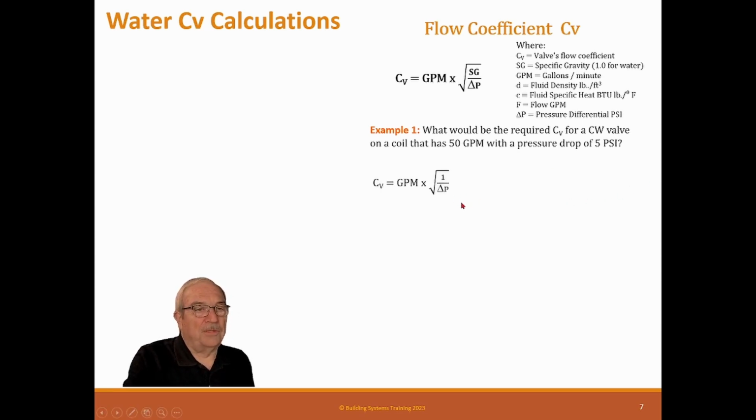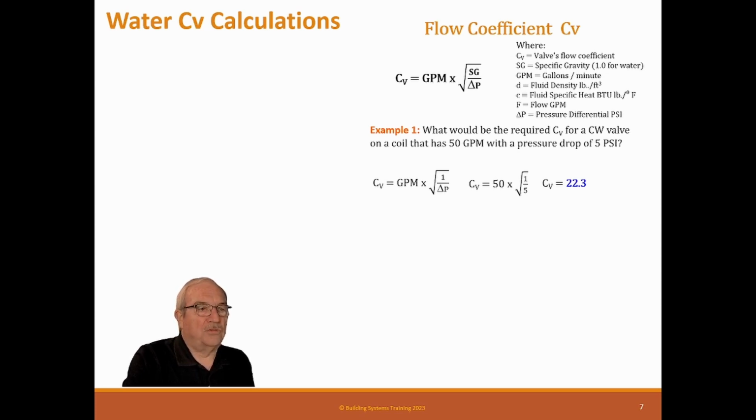So there's our formula. We put these numbers in there. We get CV of 50 times the square root of 1 over 5 PSI. That equals 22.3. Now, valves don't come in point CVs, so valves might be a 21 CV and a 30 CV and a 45 CV for different sizes of the same valve.